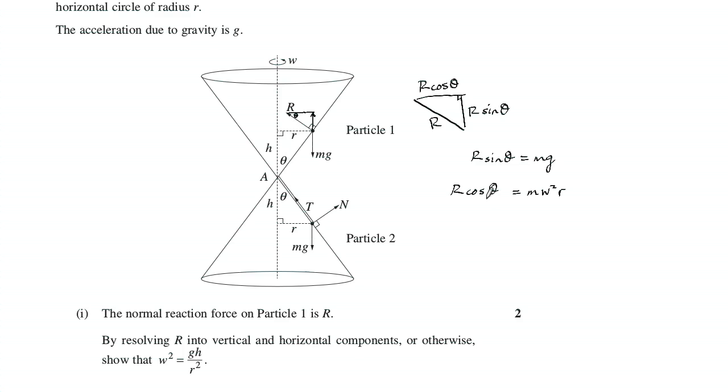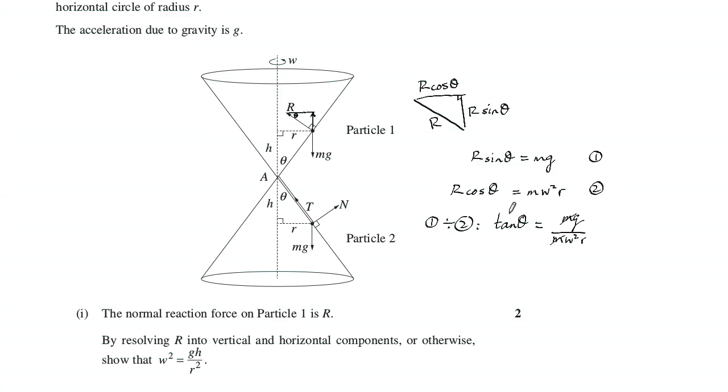So what we could do with these two equations is just divide them. Like, this is equation 1 and equation 2. If you do equation 1 divided by equation 2, then on the left you've got r sine theta divided by r cos theta. The r's are going to cancel, and then you've got sine divided by cos, which is tan. And then on the right you've got mg over w squared r, and then the m's cancel.